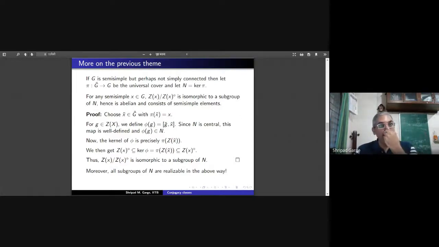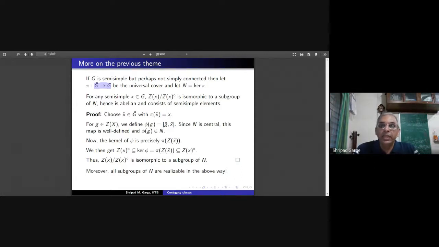This result explains it very nicely. If your group is not simply connected, then it will have a simply connected cover. So this G tilde is a simply connected cover, and you have this natural projection from G tilde to G. Suppose N denotes the kernel of this projection.